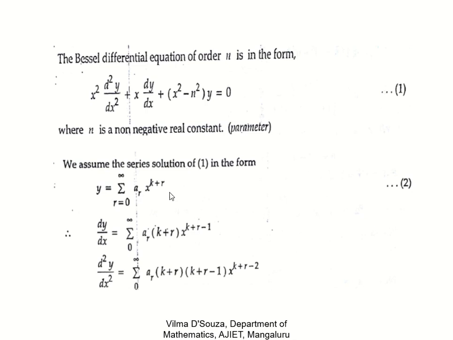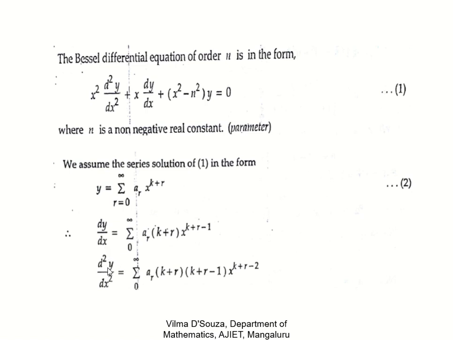Now if this is your y, what is dy by dx? Differentiate this with respect to x, that is summation a r into k plus r into x to the power k plus r minus 1.